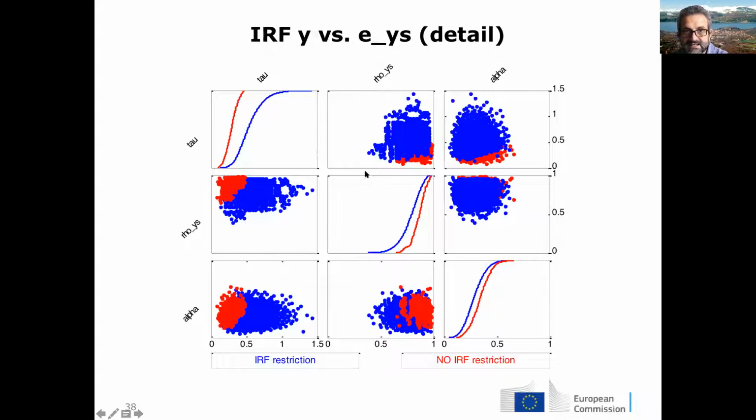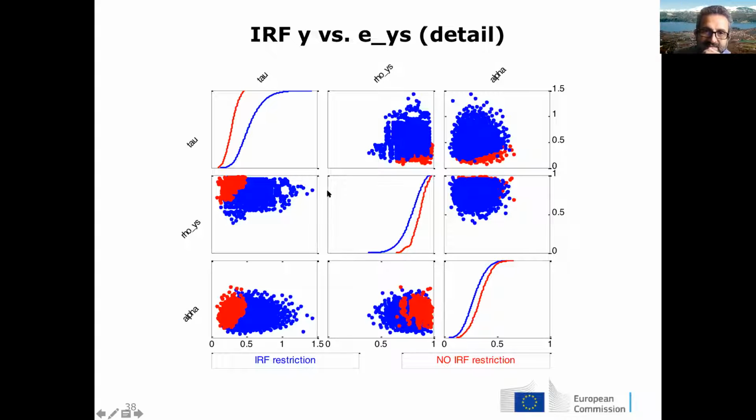You see that, to get GDP into the prescribed region, you need in particular tau to be high. Tau is the inverse of the intertemporal elasticity. And here there's a last important element for the interpretation of these plots.